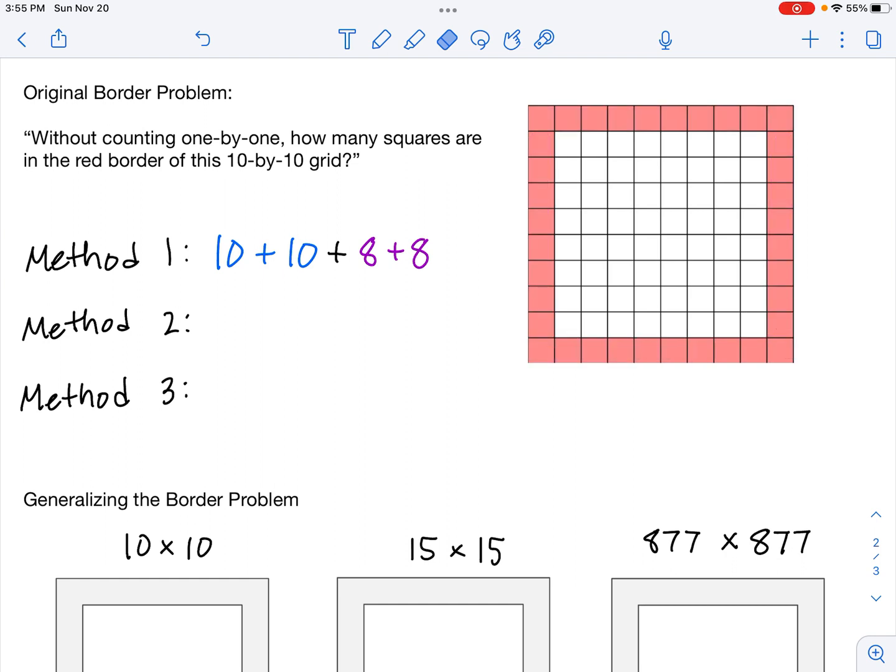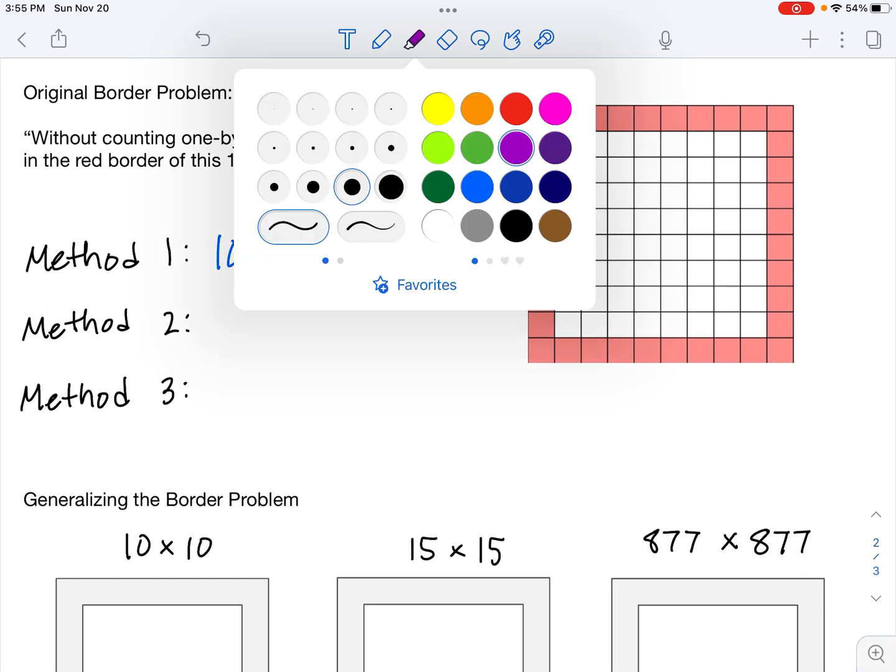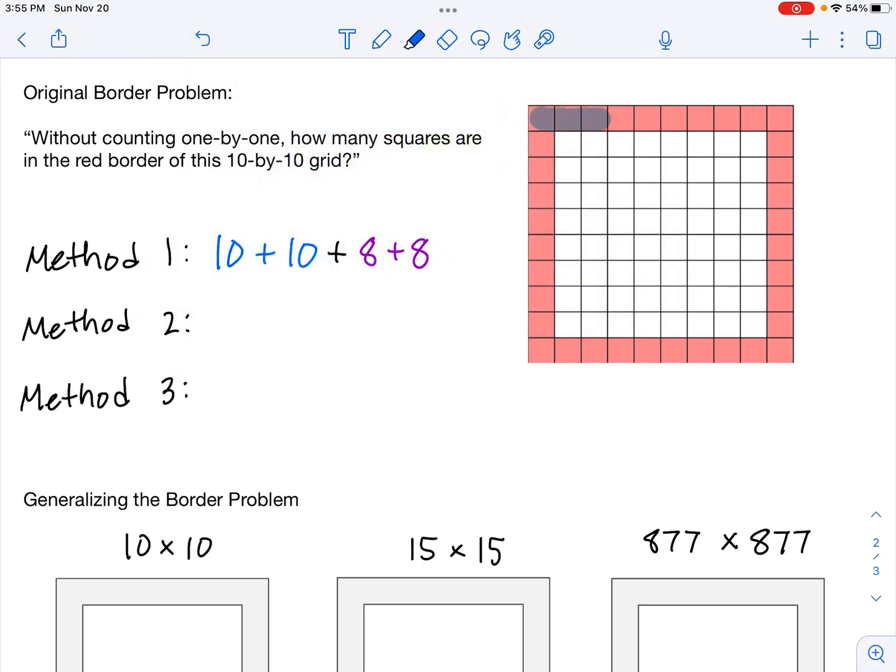Another way you could count it is by thinking, well, I could go 9, 1, 2, 3, 4, 5, 6, 7, 8, 9. I'm not going to go all the way to the edge.